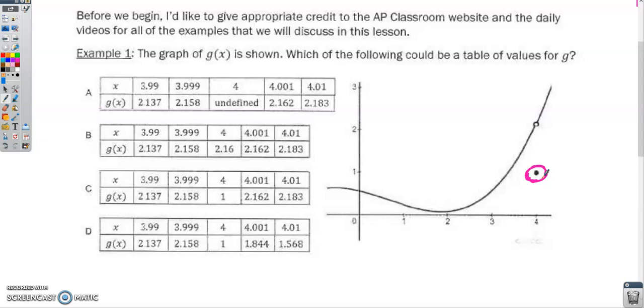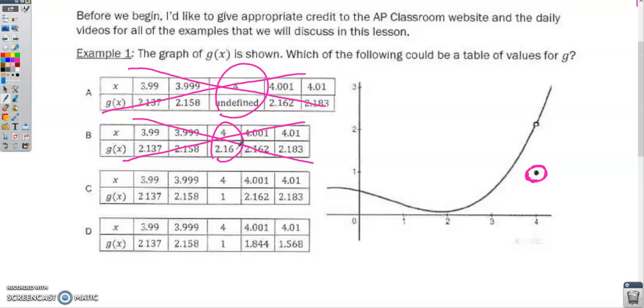No matter what, my table that has my answer is going to have 1 as the value of the function g at 4, which enables me to eliminate this first choice and this second choice, because the values at 4 are something other than 1. That narrows it down to these two answers.